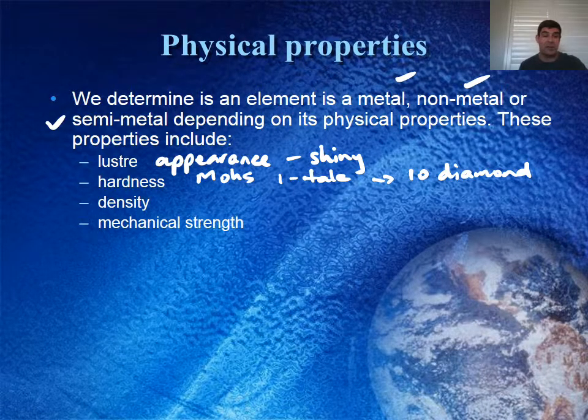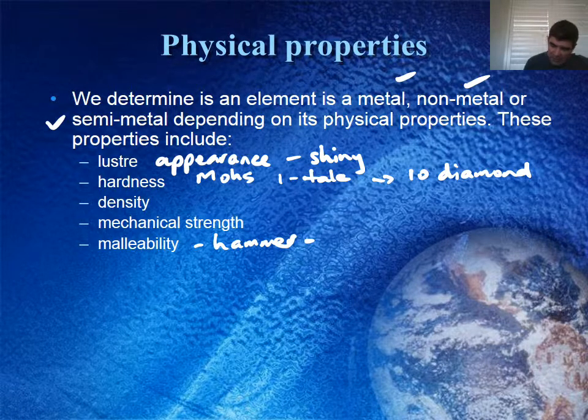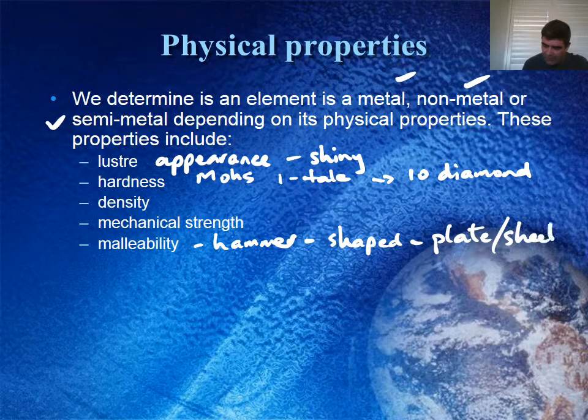Mechanical strength. So how easy it is to break. Malleability. This relates to its ability to be hit with a hammer, but more importantly, whether it can be shaped and whether we can make plates or sheets out of the element. And you'll see some examples of that in your practical.